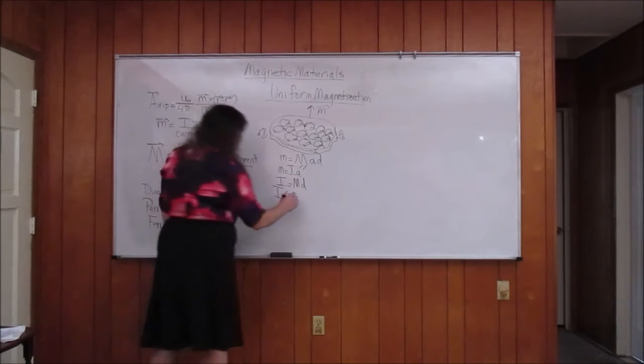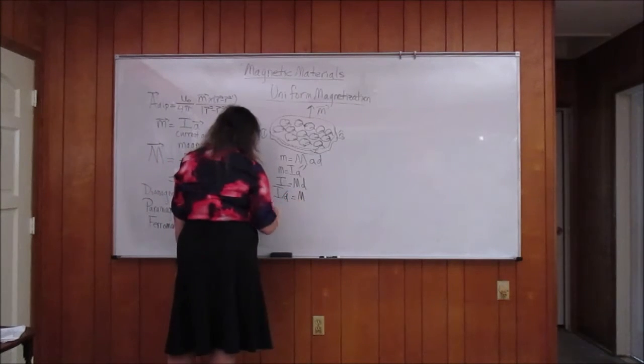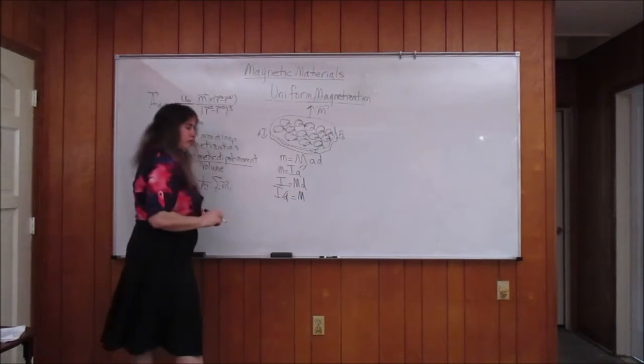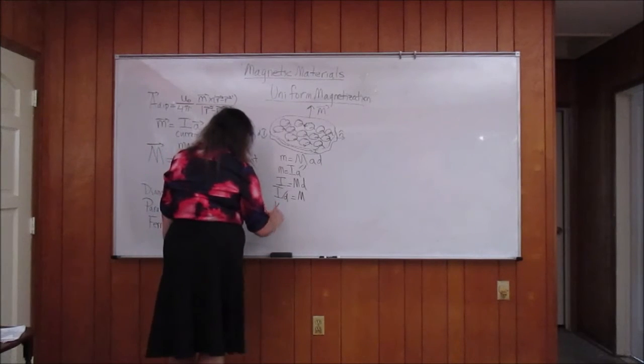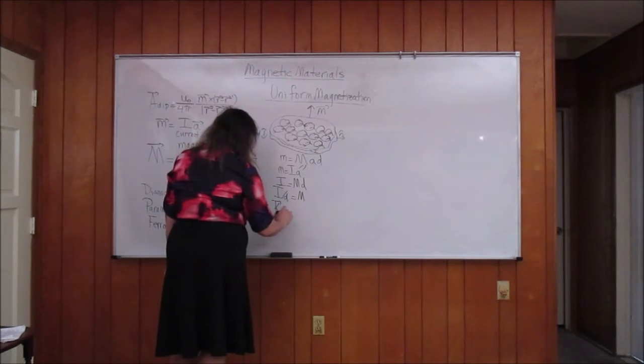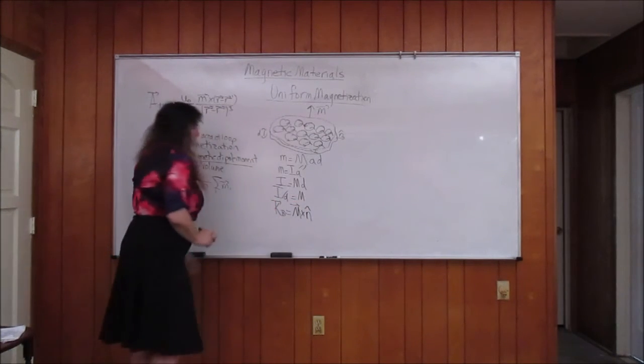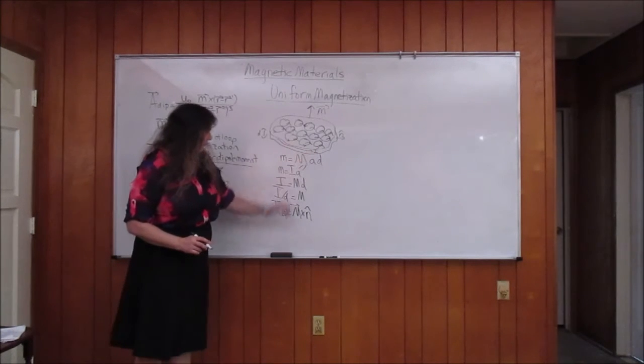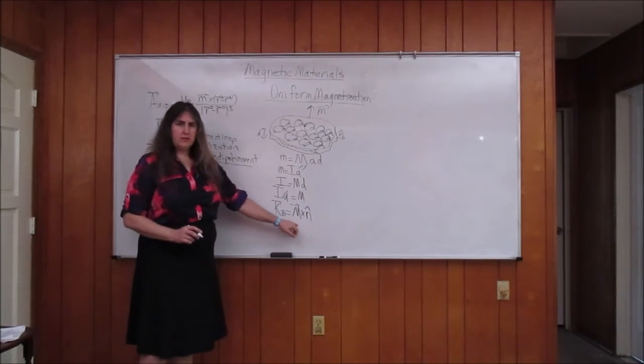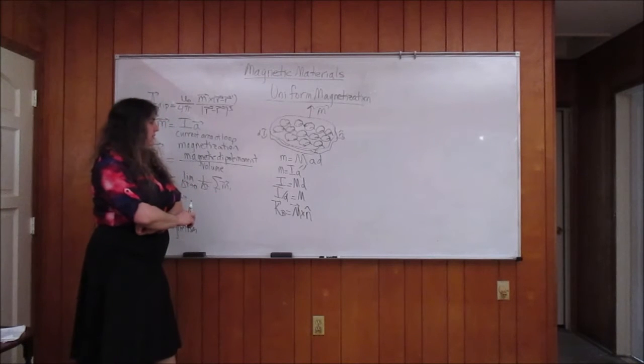And this is current per unit length, which is going to give rise to a surface current density. It has direction perpendicular to the magnetization and to the normal of the slab.